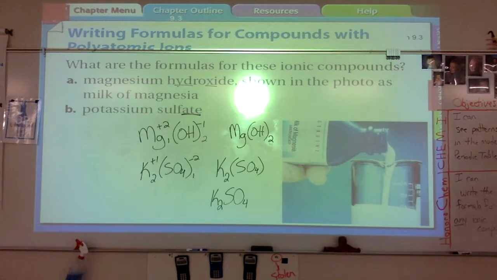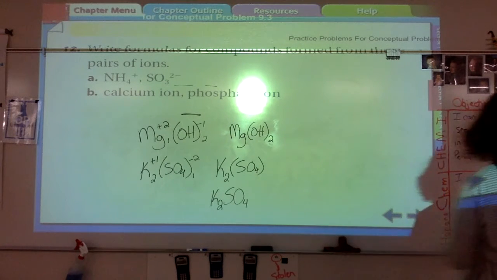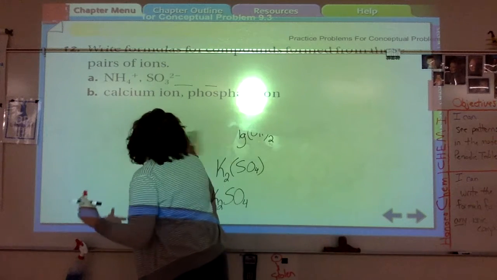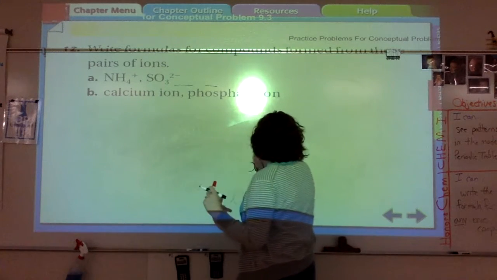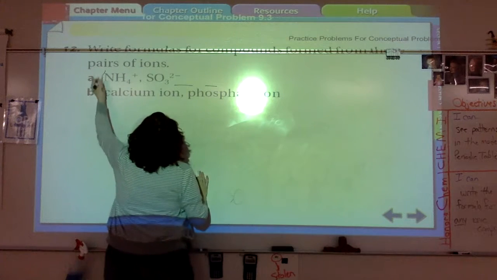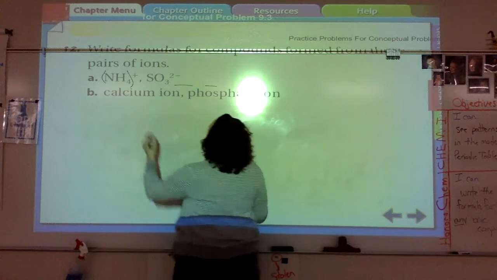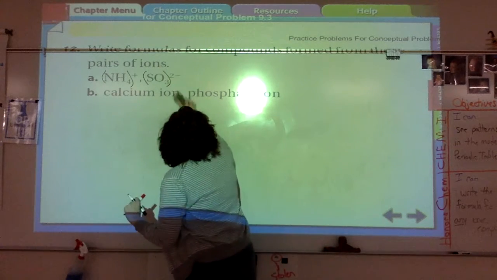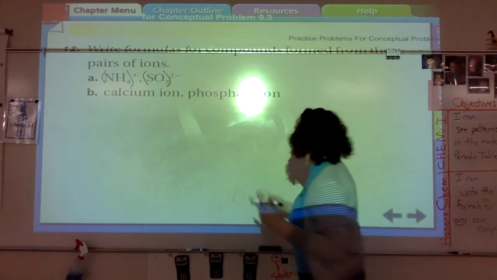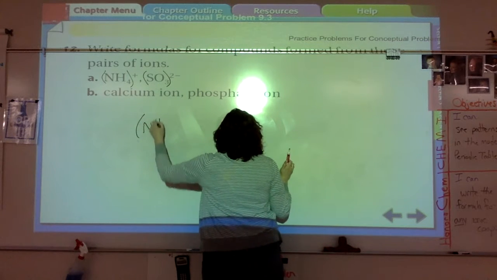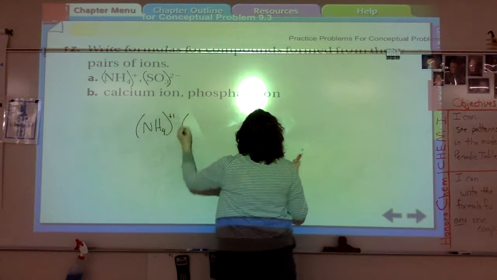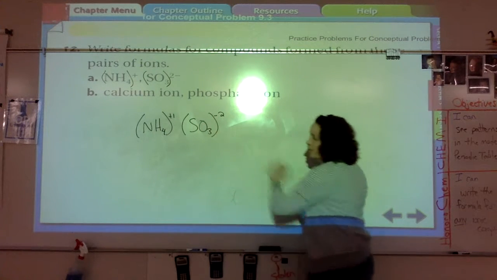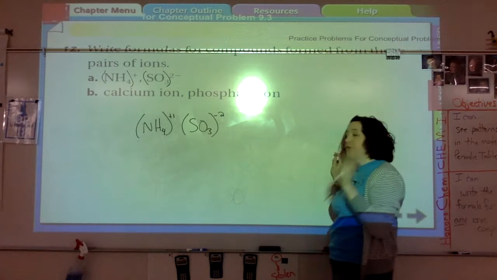All right, so now let's go the different direction. Oh, no, we're still doing formulas. Sorry, still doing formulas. All right, so this one gives us 2 polyatomics. NH4 with a +1, SO3 with a -2. I personally would put them in parentheses because that just makes it easier. So if you look at their charges, the least common multiple of 1 and 2 is 2.